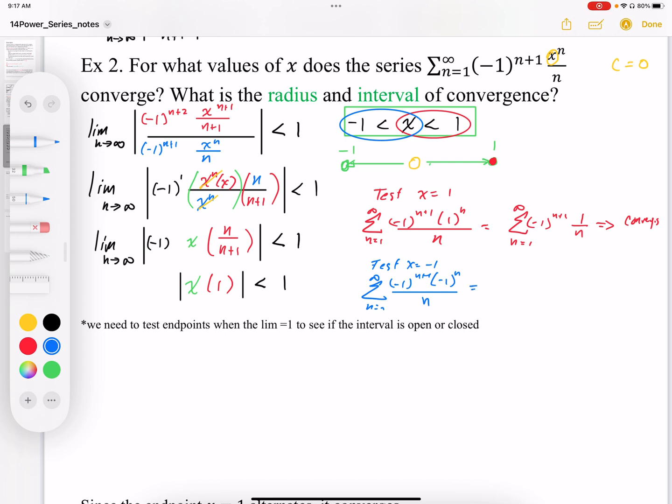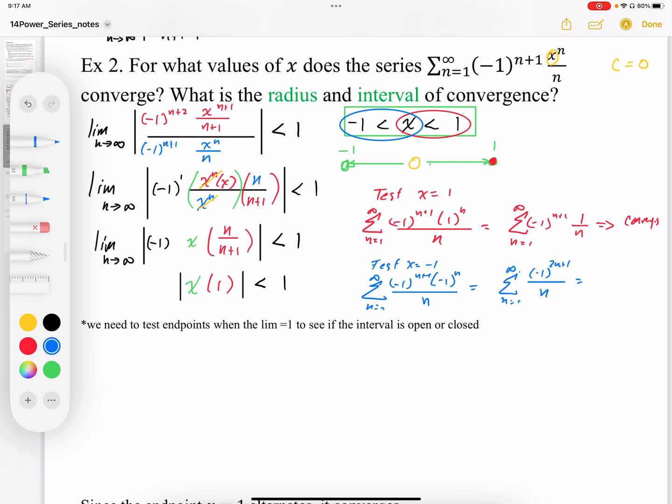So this becomes -1 to the 2n plus 1. Now 2n plus 1 is always odd. Okay, 2 times anything is even, and any even number plus 1 will be odd. So -1 to the 2n plus 1 is always going to be negative.